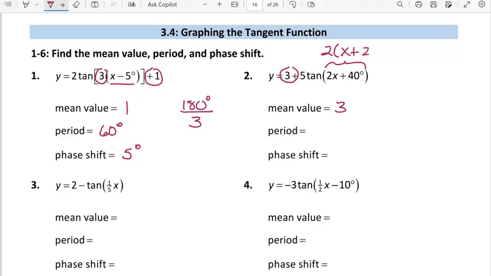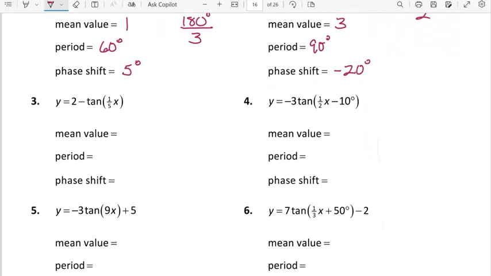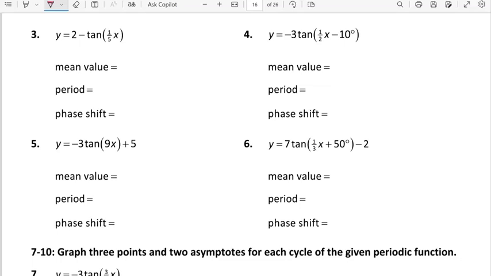That's not going to affect our period, but it will affect the phase shift. So once I factor that, the period is 180 divided by b, which will be 90 degrees. And then the phase shift is -20 degrees. Notice that I can't see the phase shift, strictly speaking, until I do the factoring on the inside of the tangent function.